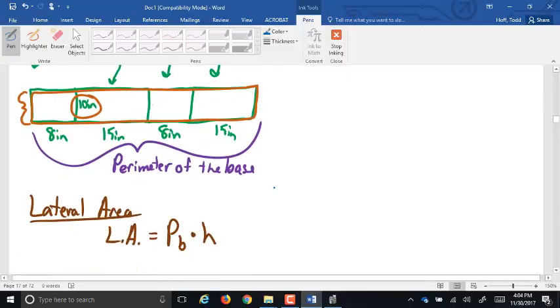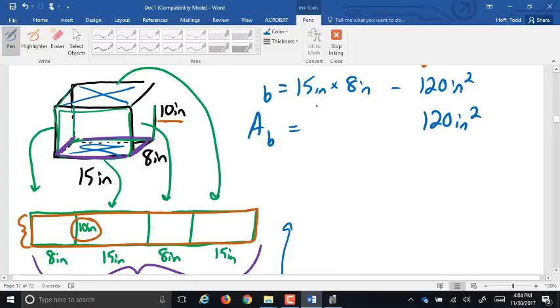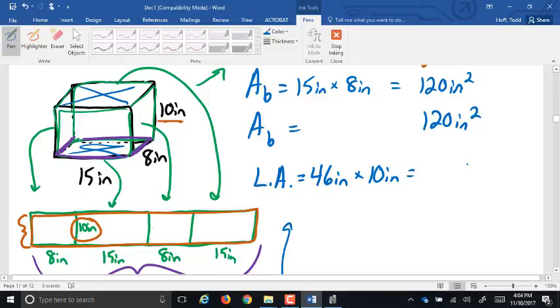So for this example here, the perimeter of the base is 8 plus 15 plus 8 plus 15, which is 46 inches. I use that to find my lateral area. 46 inches is the perimeter of my base, times my height of 10 inches. 46 times 10 is 460.